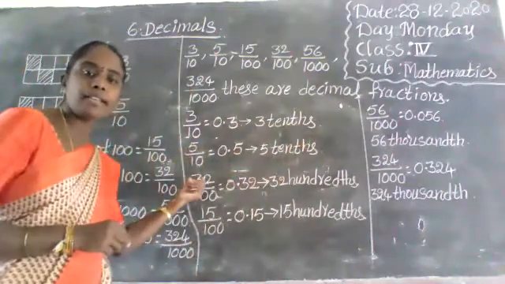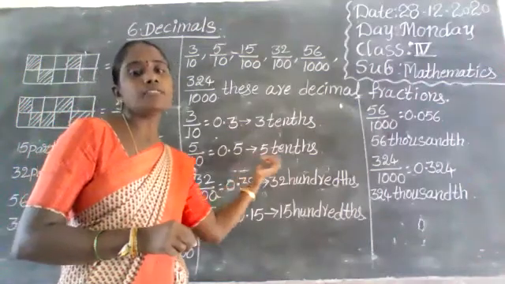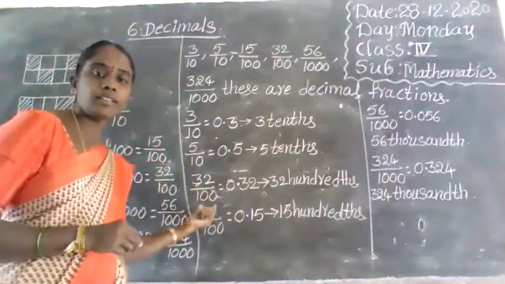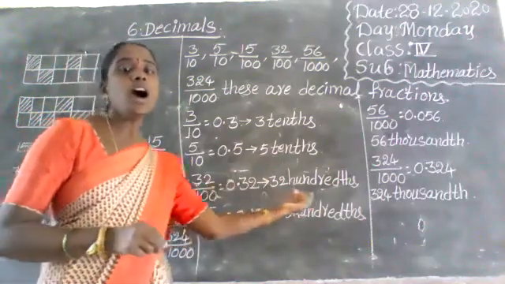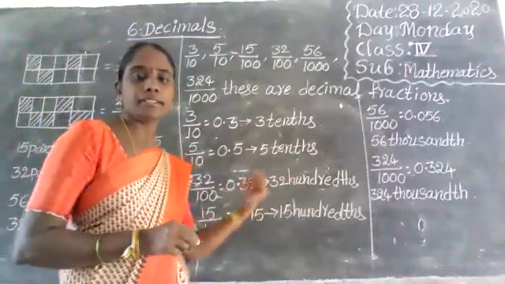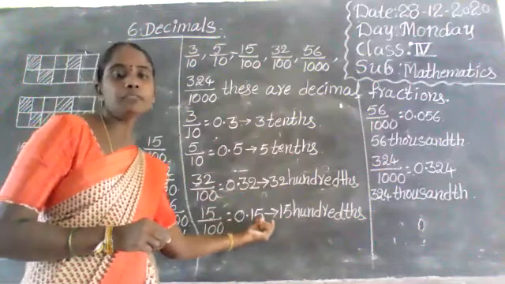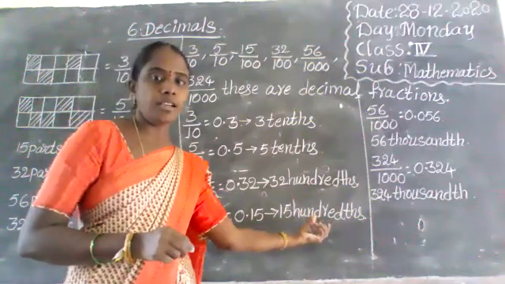Next, 5 by 10 we write as 0.5, 5 tenths. Next, 32 by 100, 0.32, 32 hundredths. Next, 15 by 100, 0.15, 15 hundredths.